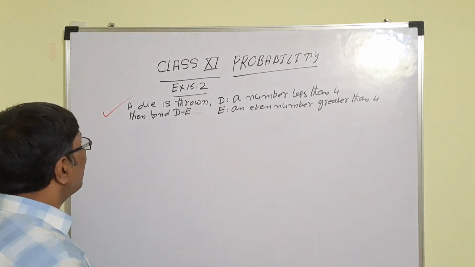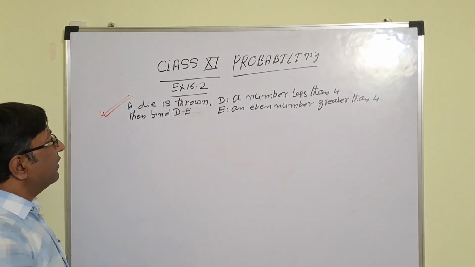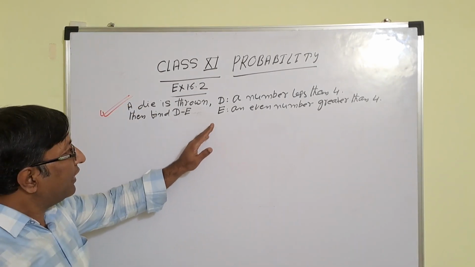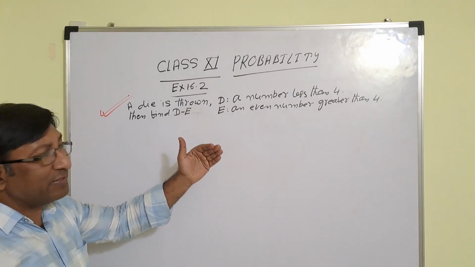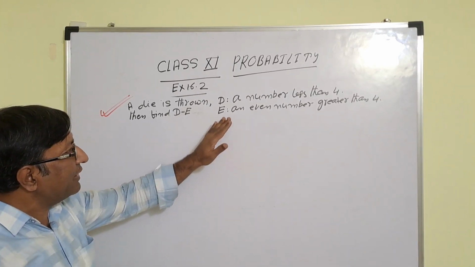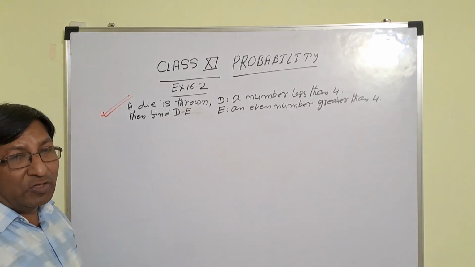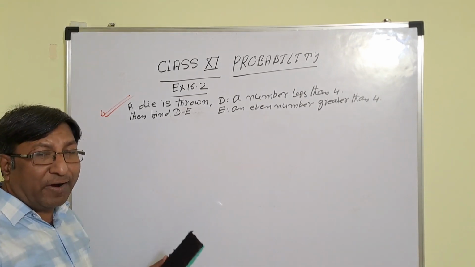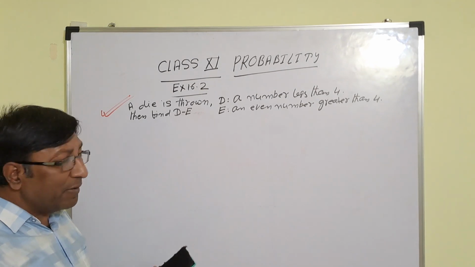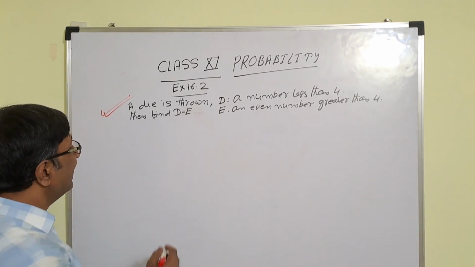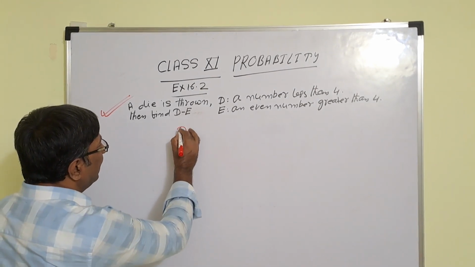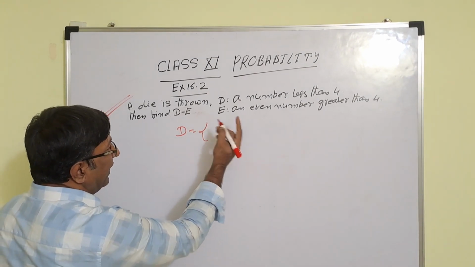See the question. A die is thrown where D is an event a number less than 4 and E is an event an even number greater than 4. Then find D minus E. For this type of question, first you find the members of D and E. So what are the members of D? D is what? A number less than 4.